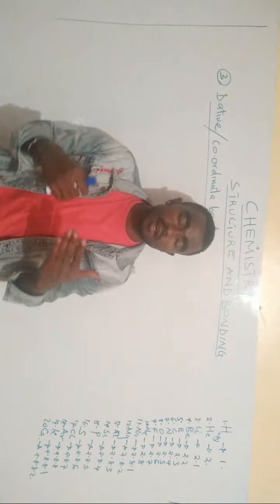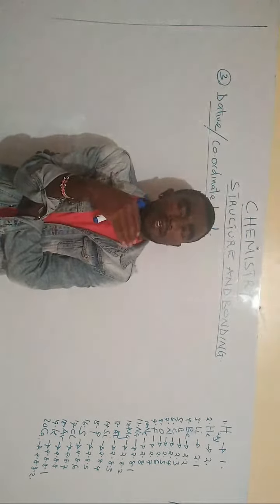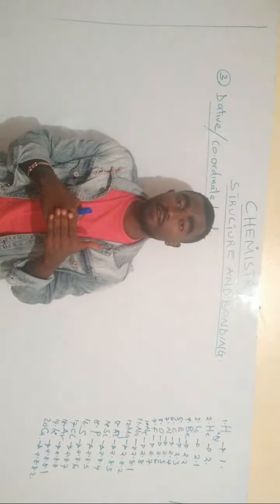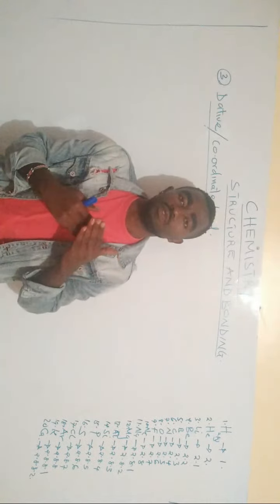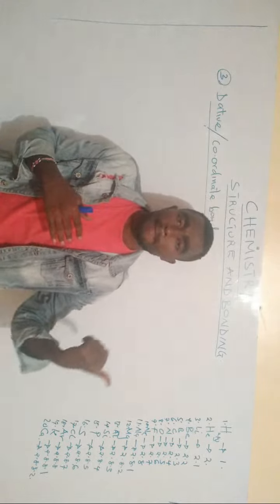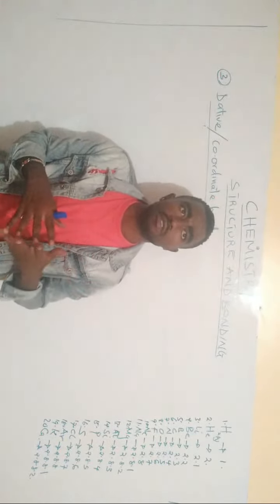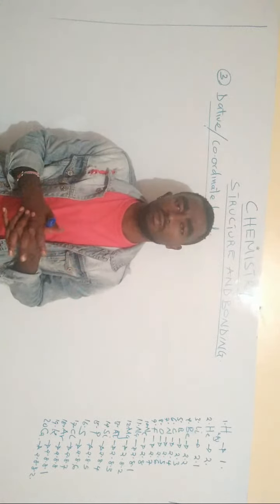So they're equally sharing, all right? But the dative bond or coordinate bond is a bit different because the atoms which are bonding are sharing electrons, but not equally. You find there is one atom which has contributed a lone pair, or a pair of electrons, all right? And we're going to look at some examples of those compounds which form the dative bond.